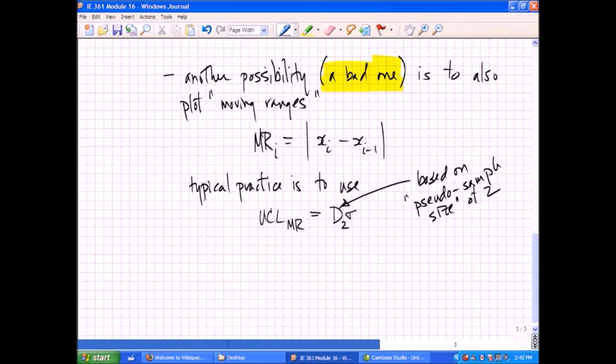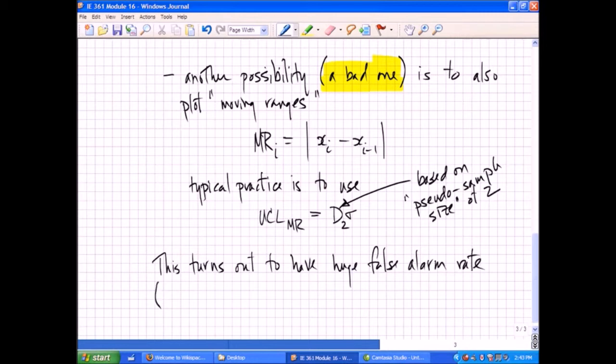As it turns out, as I say, this is a bad idea. This turns out to have a huge false alarm rate. Okay, by false alarm rate I mean small ARL, when all is really okay.